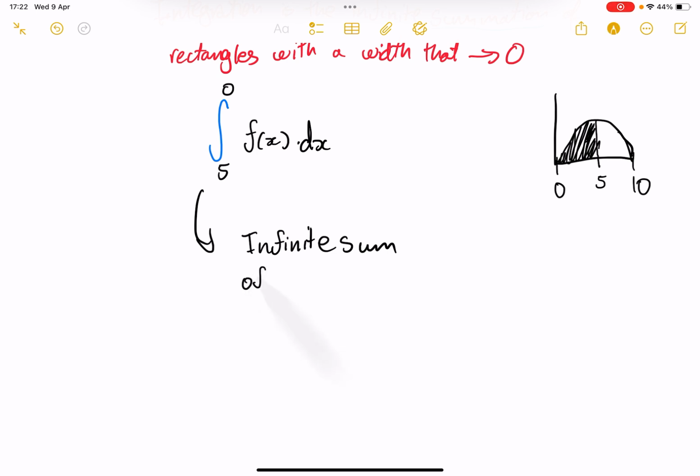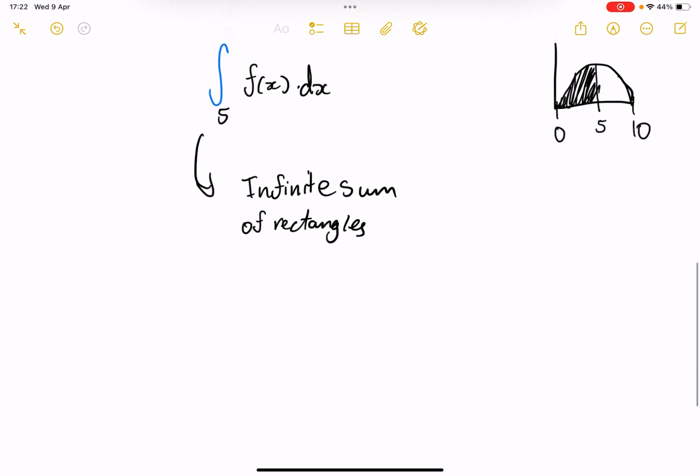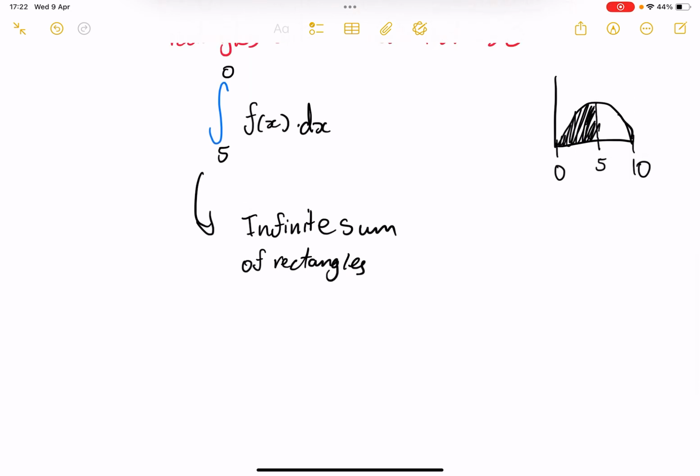And then we need to specify which interval we're doing it on. In our case, it would be x equals 0 to x equals 5. So that's the interval we're doing it for.